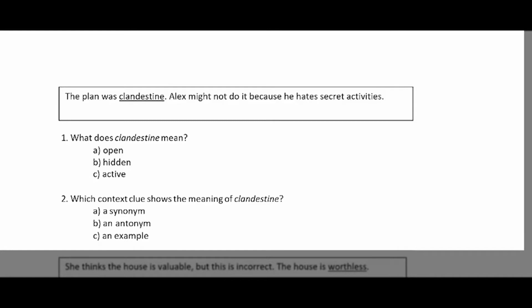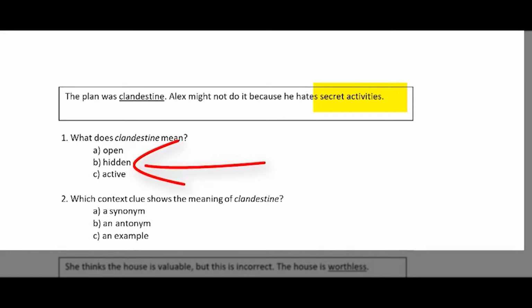So clandestine, what could that mean? So Alex is the name of a man or a boy, might not do it because he hates secret activities. So okay, he hates secret activities. So clandestine then, if we think about a synonym there, could actually mean hidden.